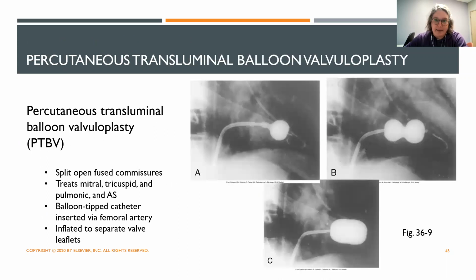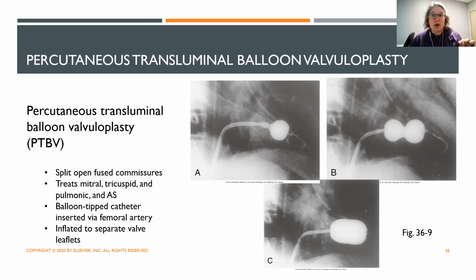In addition to that, let's say we have a stenosis situation. We can actually go in and use a balloon in the cath lab, and actually it works for stenosis and it works for regurg too. I shouldn't just say stenosis.